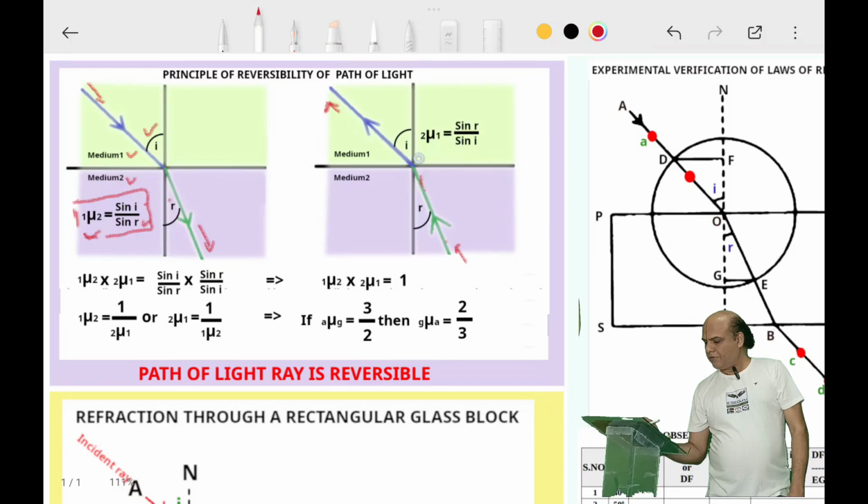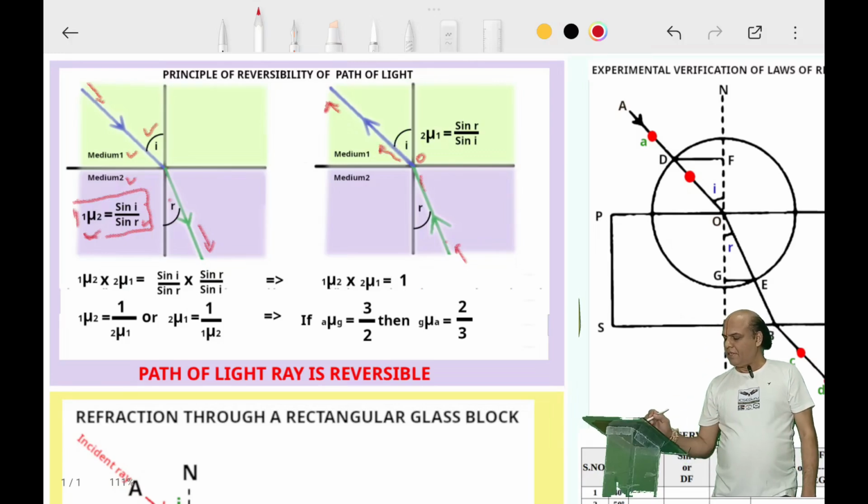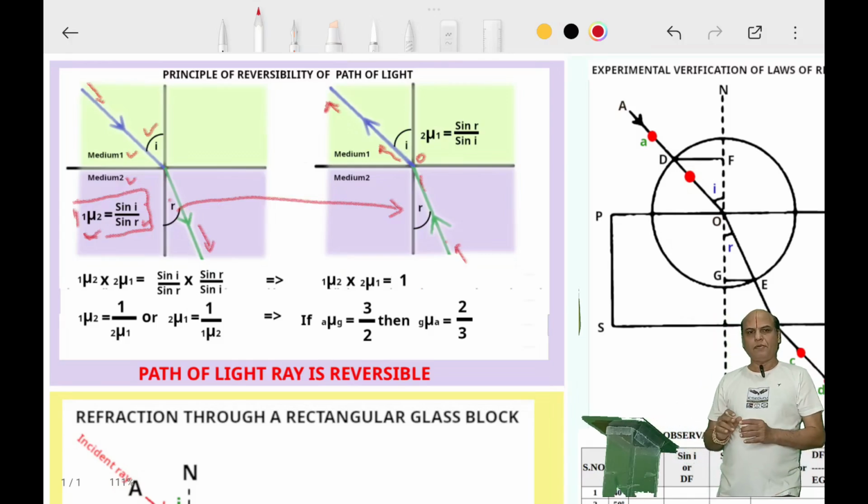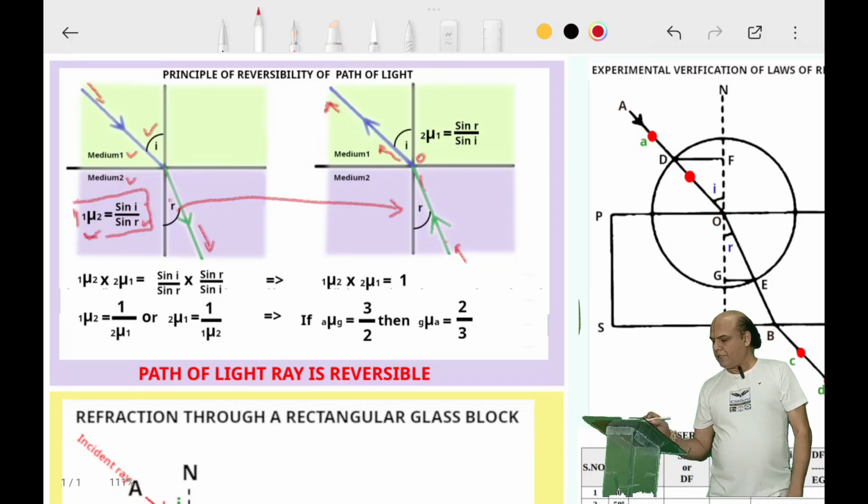This is the point of incidence. Then from here the light ray is getting refracted in medium 1. If we take the angle of incidence as R, which was the angle of refraction earlier, then the refracted angle would be I. That is the principle of reversibility of path of light.